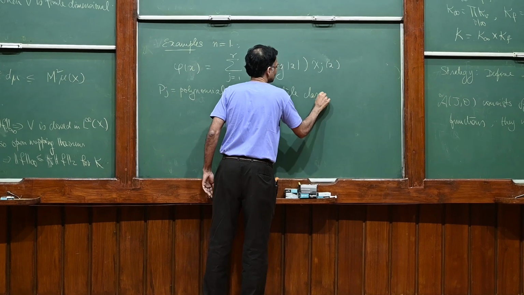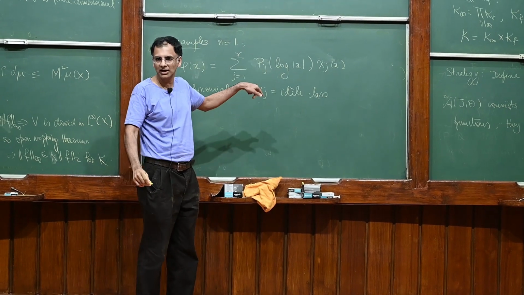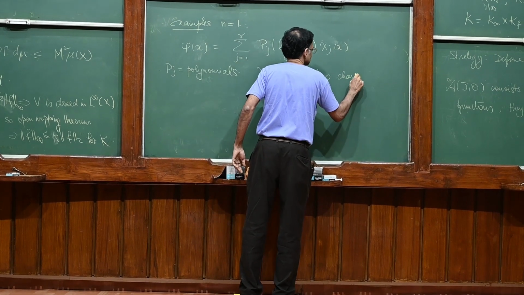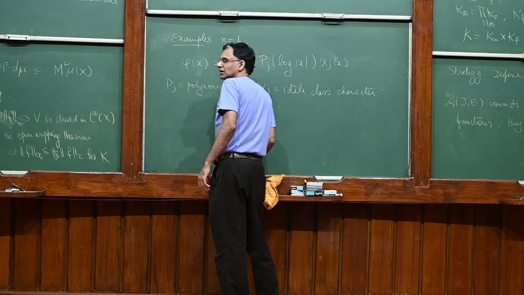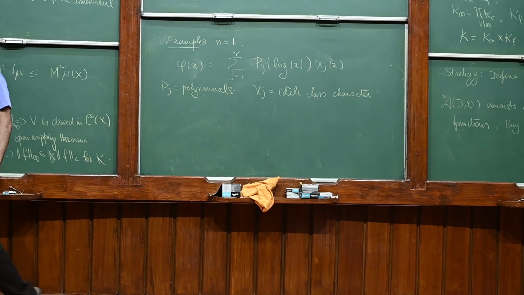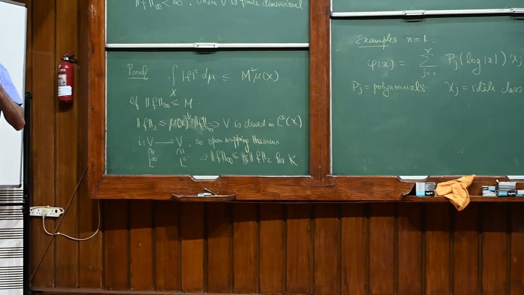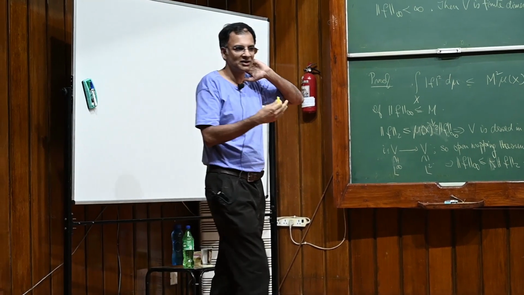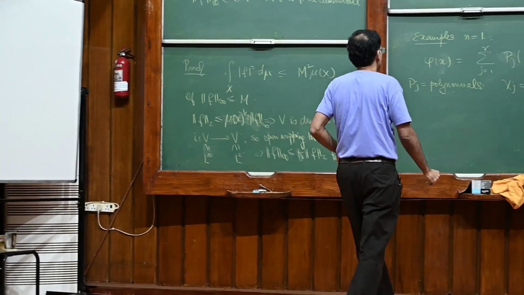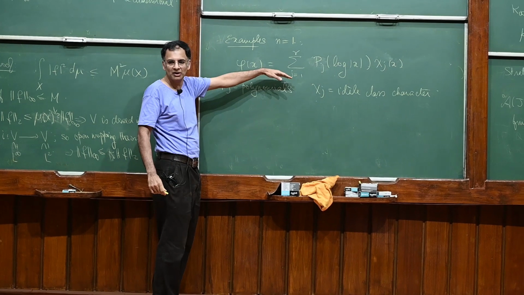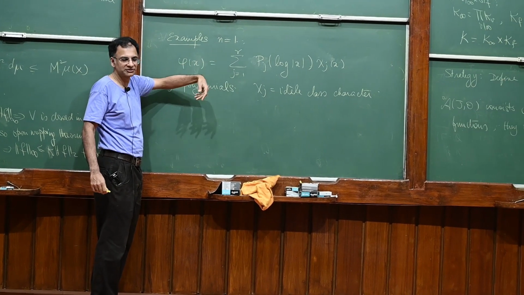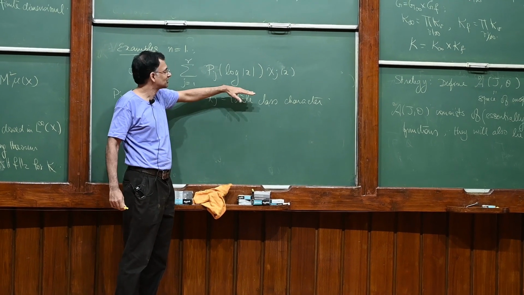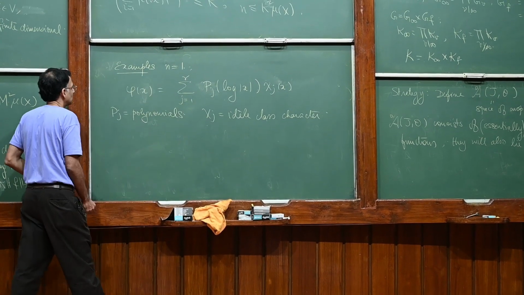So that's a character of GL1 of A, which is trivial on GL1 of F. For those of you who have never seen this before, Dirichlet characters, for example, naturally give me ideal class characters when the field is Q. Okay, so this is what any automorphic form on GL1 looks like. Basically sums of ideal class characters, but with this extra term thrown in with p j of log mod x.